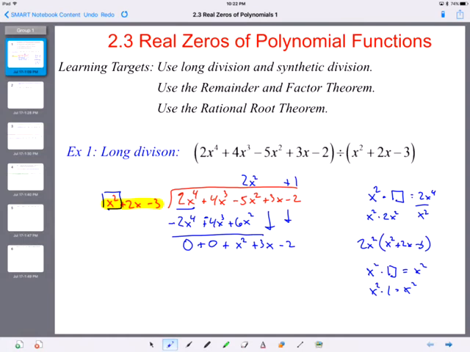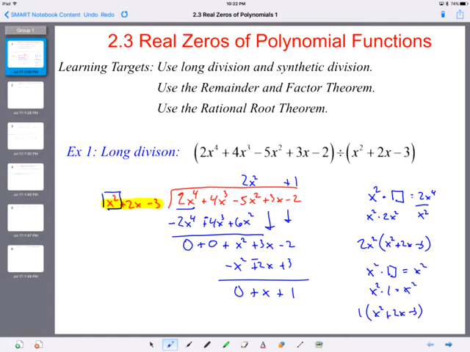Now you take 1 times x squared plus 2x minus 3, and you will get x squared plus 2x minus 3. Subtract, so everything has to get subtracted all the way through. So once again, you get this to cancel. The next one is x, and then the next one is 1. So this is your remainder.